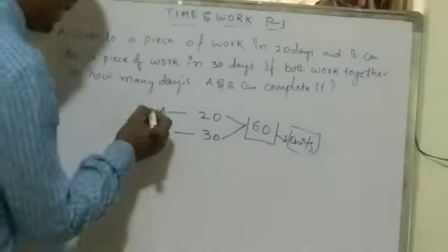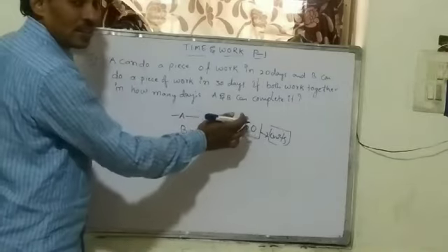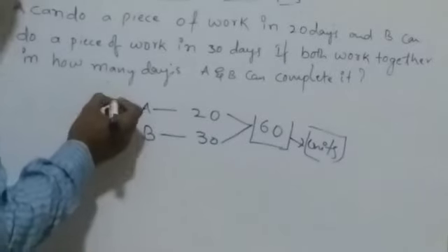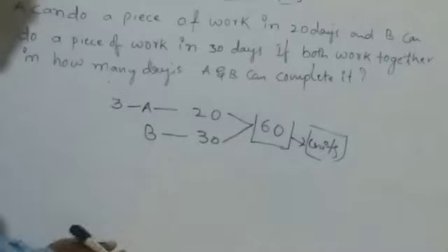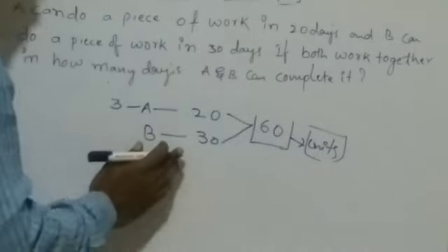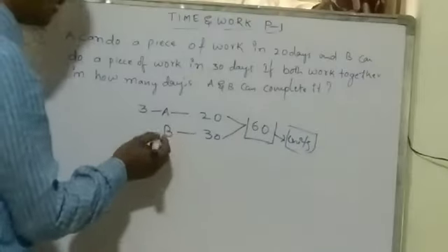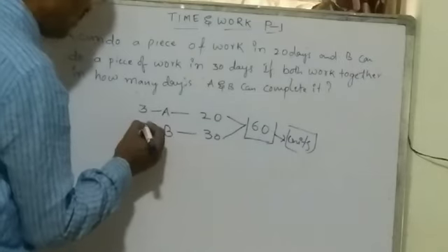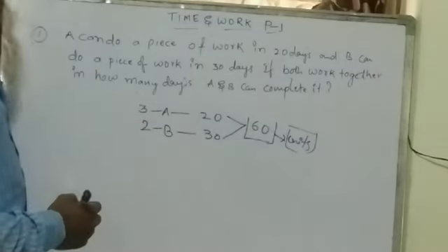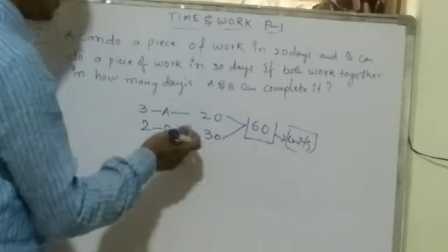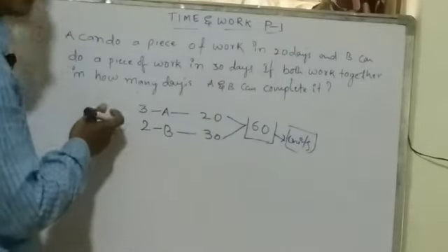So when A is doing 60 units of work in 20 days, per day he will do only 3 units. Similarly, B is doing 60 units of work in 30 days, so B will do only 2 units every day. By dividing 60 by 30 we get 2, and 60 by 20 we get 3.